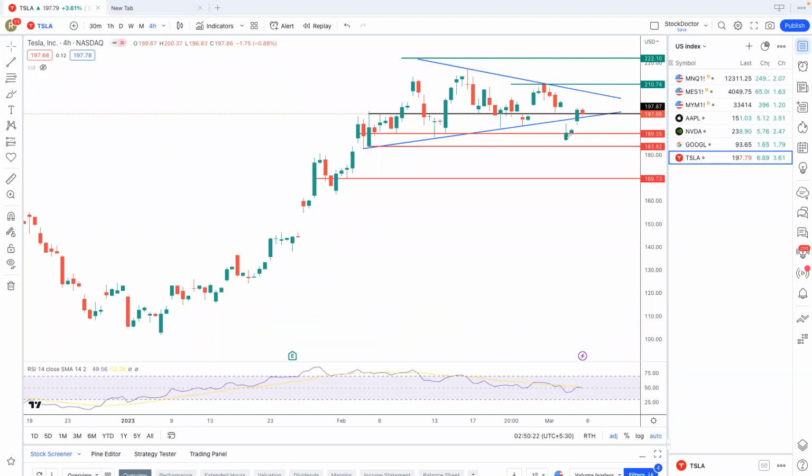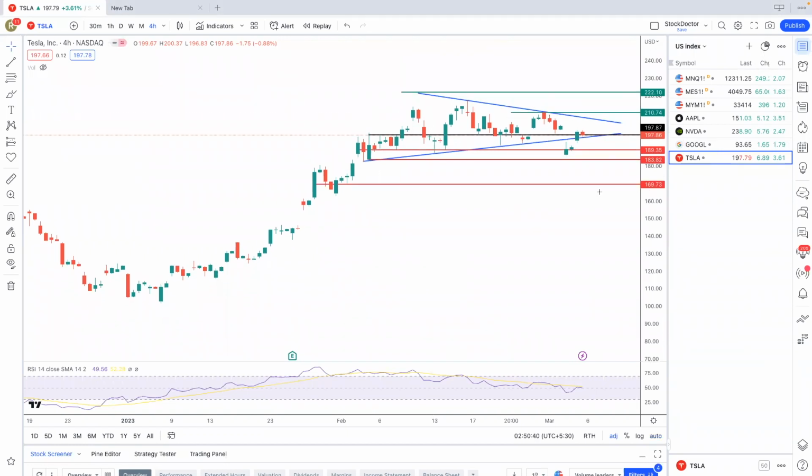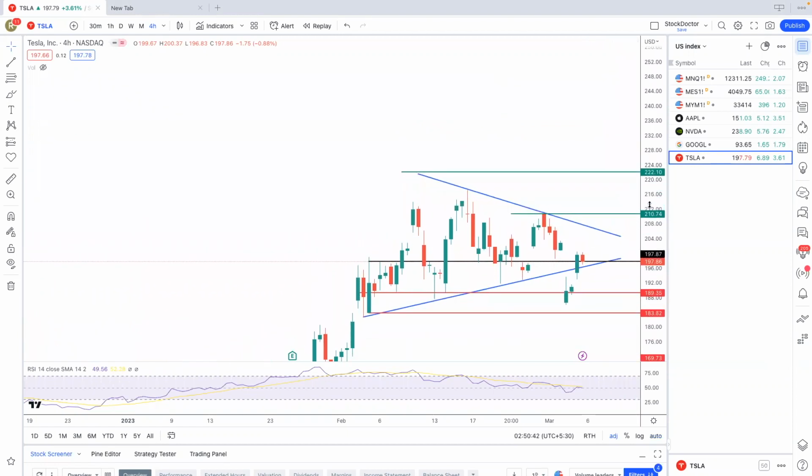It opened below $189, and then started going up. Okay, so again, if it stays below $189, then we can see the downside in Tesla, that is for 183 and 169. At this point of time, Tesla is trading at its support.